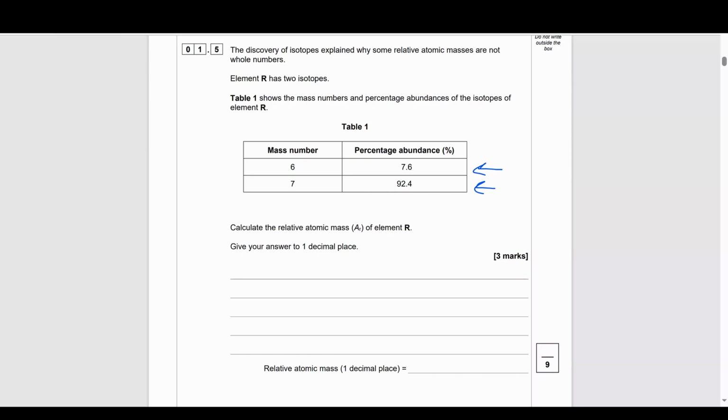So for us to find the RAM, which is the relative atomic mass, we need to use a specific formula. And that formula is going to be mass number 1 multiplied by percentage abundance 1.